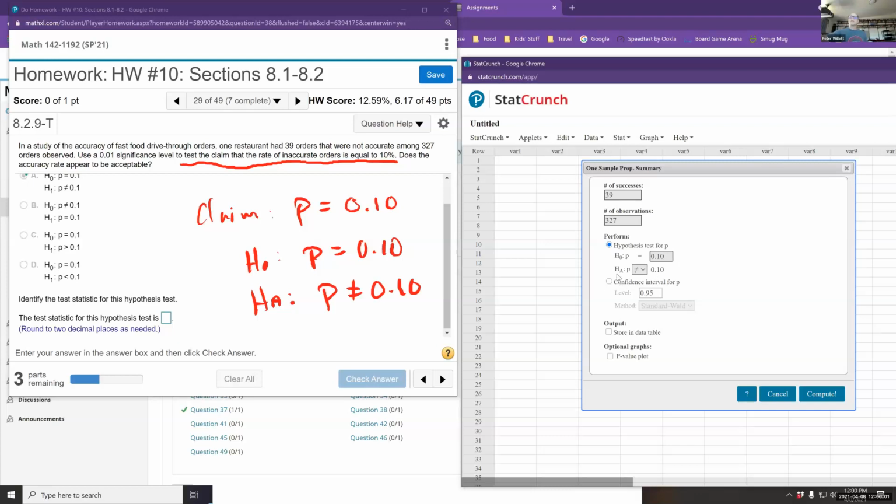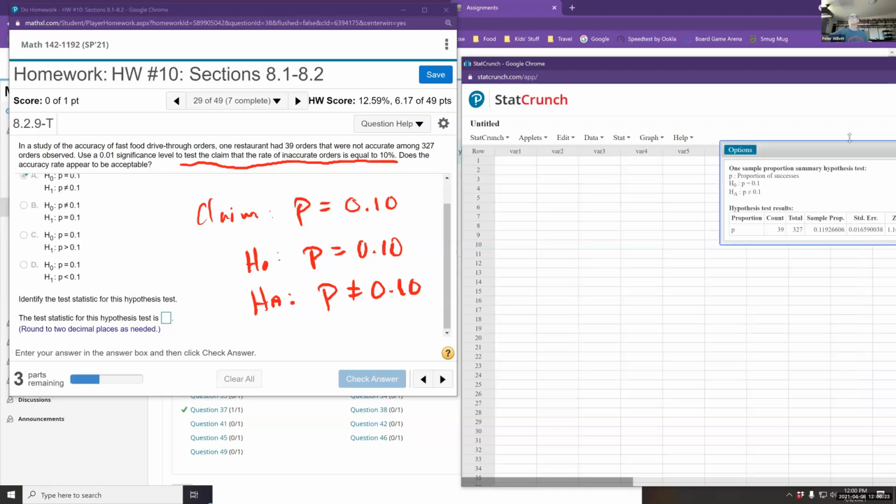And the alternative hypothesis is by default what we want, which is that P is not equal to 10%. We've given the results of our sample, we've told it the hypothesis test that we're making, and we compute.